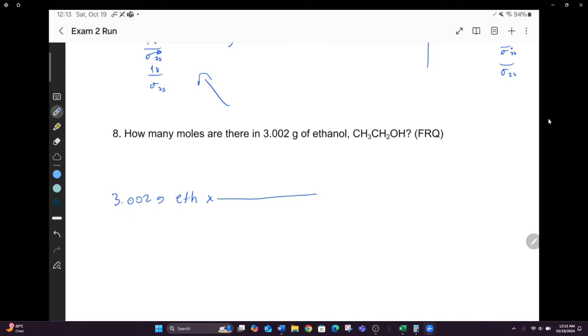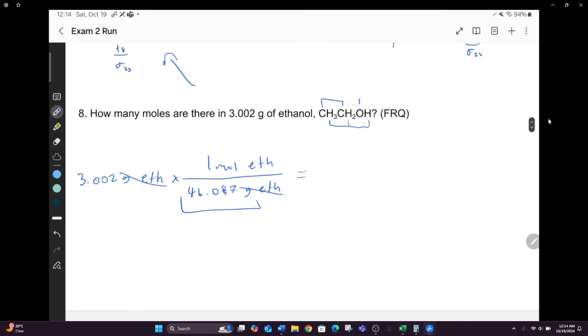For the molar mass of ethanol, you add up 2 carbons, 6 hydrogens, and 1 oxygen. Your molar mass is 46.087 grams of ethanol per 1 mole of ethanol. You get this number from the periodic table. Your units cancel out, you have moles, and plugging into your calculator, your answer should be 0.0652 moles of ethanol.